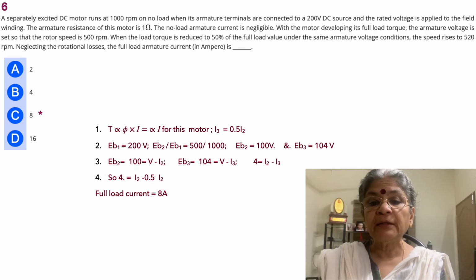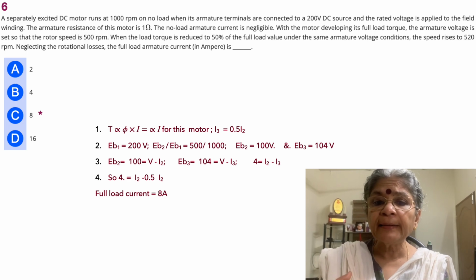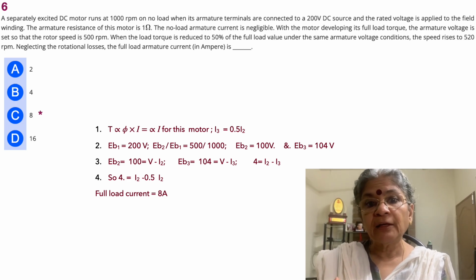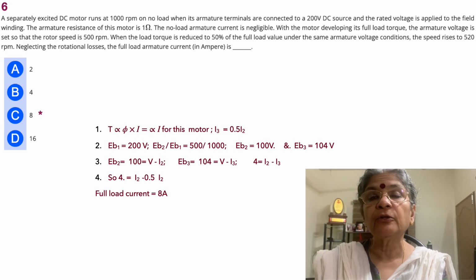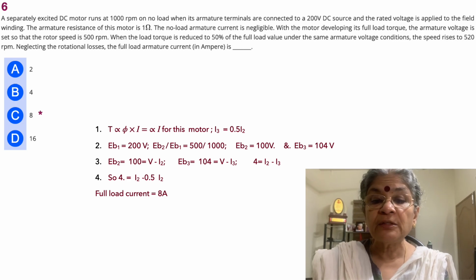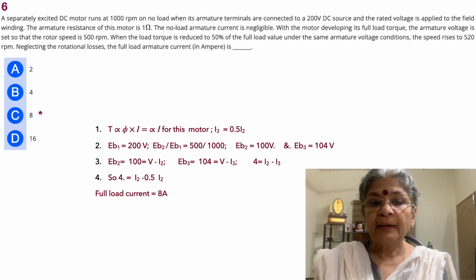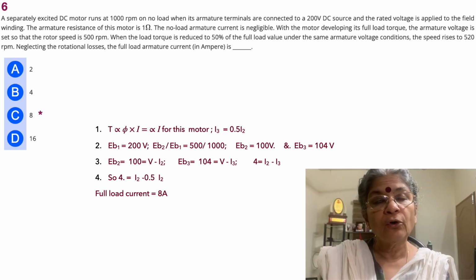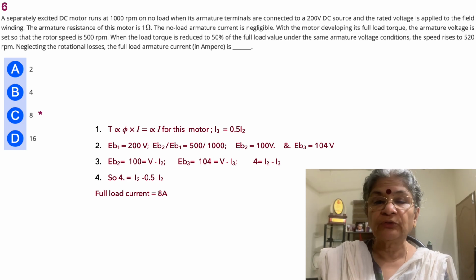So we deduct EB2 from EB3, and we get 4 volts, which is equal to V minus V, which is 0, and I2 minus I3, where I3 is 0.5 I2 as mentioned earlier. So 4 is equal to I2 minus 0.5 I2, or in other words 0.5 I2, so I2 is equal to 8 amperes.